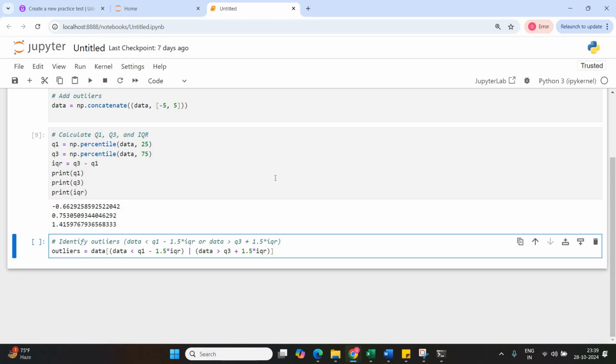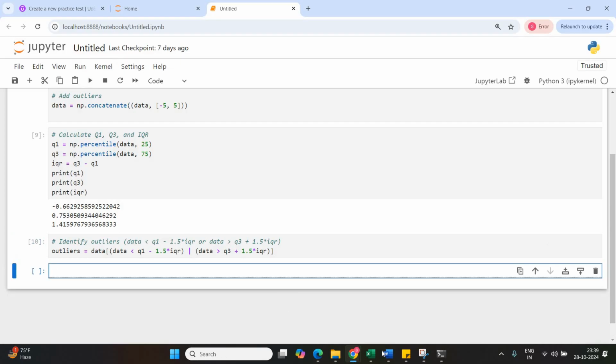If something comes outside of that boundary in the positive direction or in the negative direction, because this gives you the lower side and this gives you the higher side, if the value is higher than this one or lower than this one, then in both cases the data point that you are getting is simply an outlier. Let me run it again.